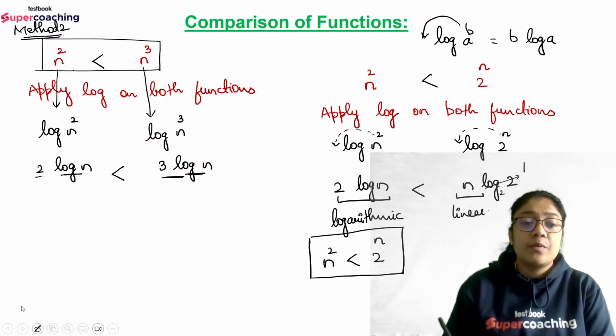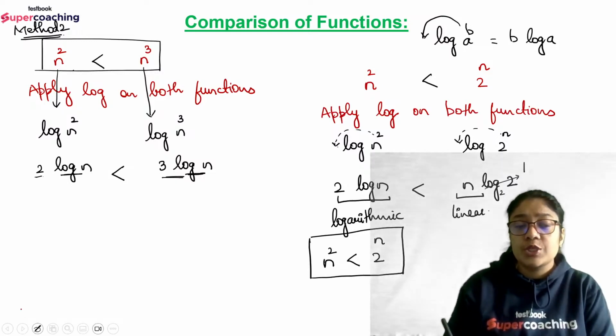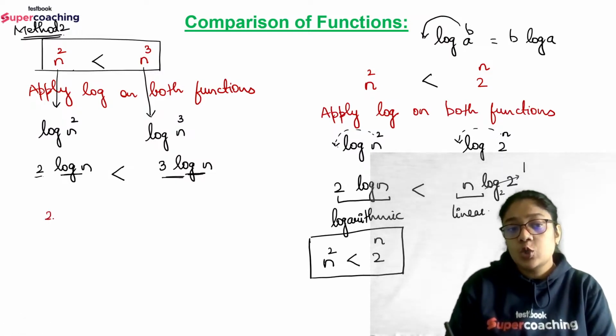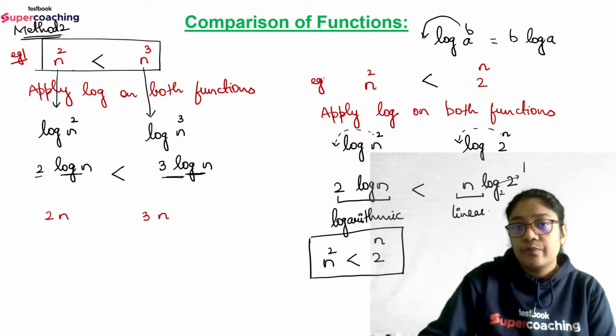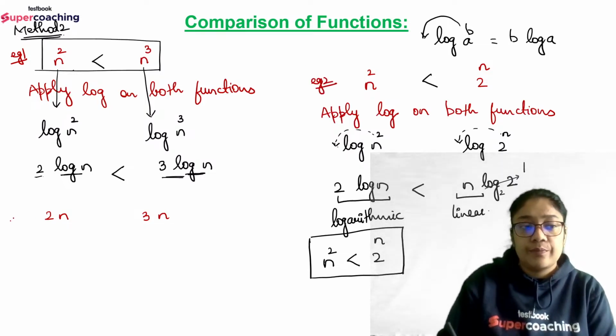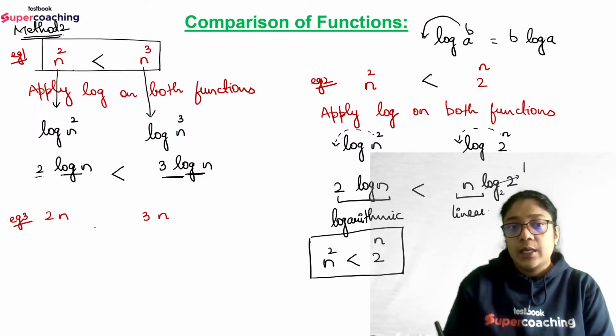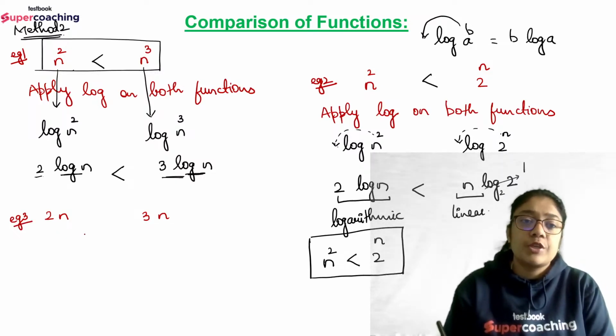But if you are given two functions like 2n and 3n, let me call this example 1, example 2, example 3. If I'm taking 2n and 3n, now I need to check which function is greater.